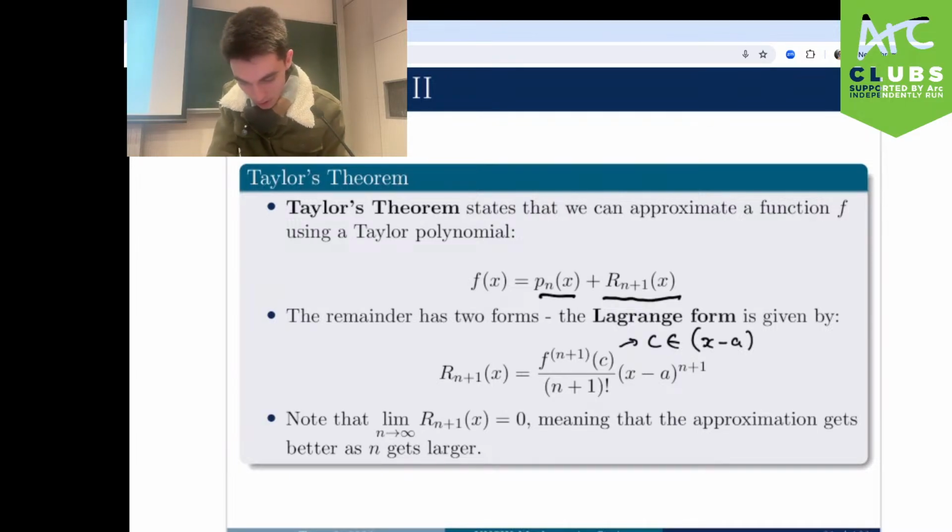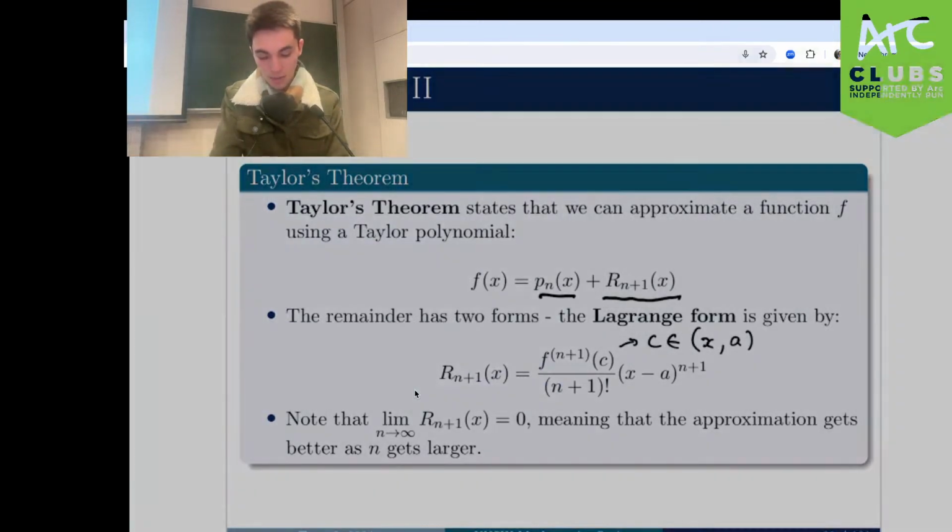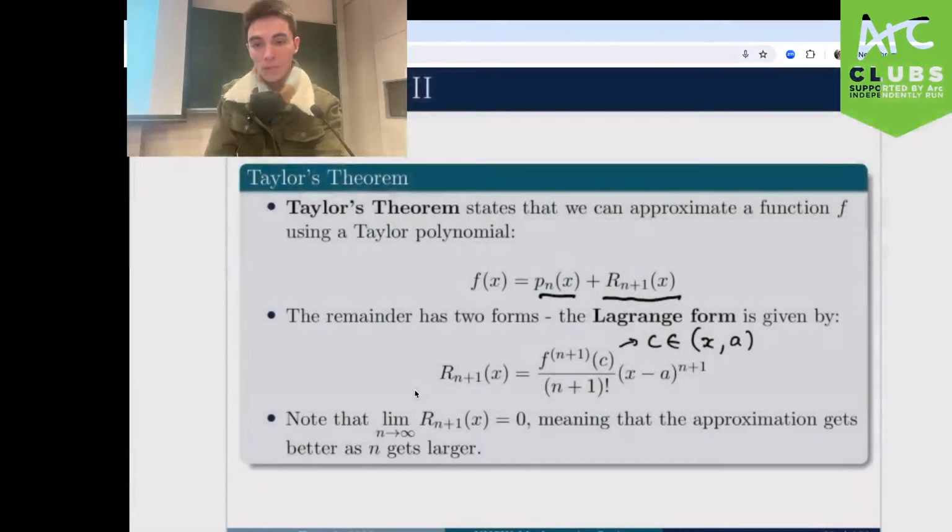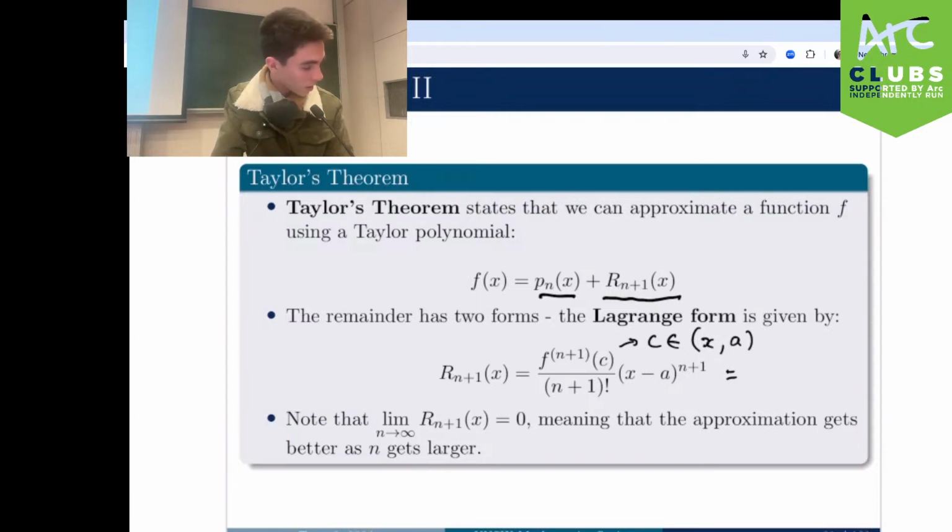Oh, sorry, there should be a comma. Divided by n plus 1 factorial, times x minus a, to the power of n plus 1, sorry. So that's one of the ways that you can express the remainder. Another way is using an integral, and this is what it looks like.